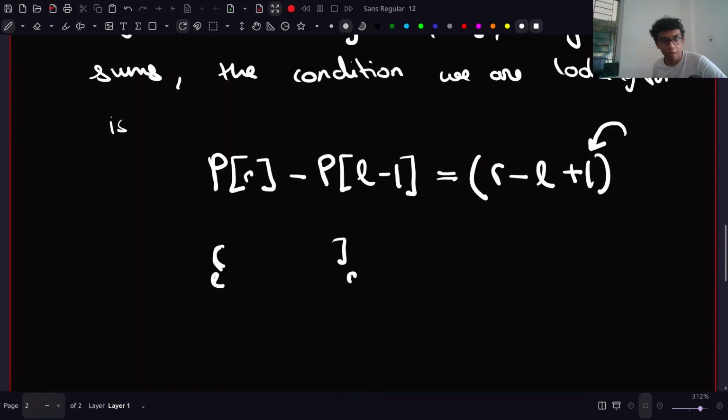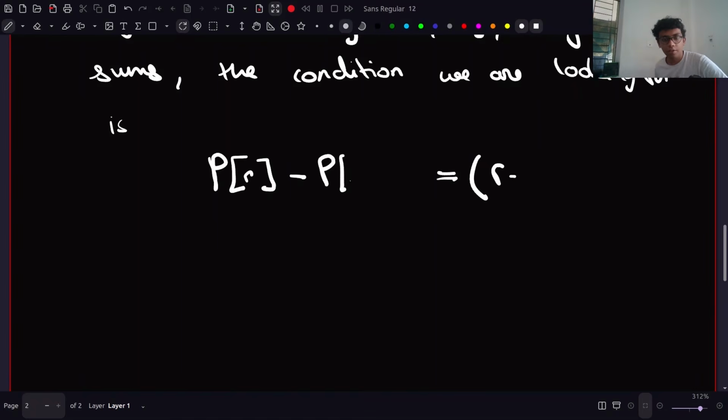So a subarray from L to R will include the elements P of L plus 1, P of L plus 2, so on till P of R. So that's what we'll call a half open, half closed subarray. So we can write this equation more neatly as simply prefix of R minus prefix of L equals R minus L.